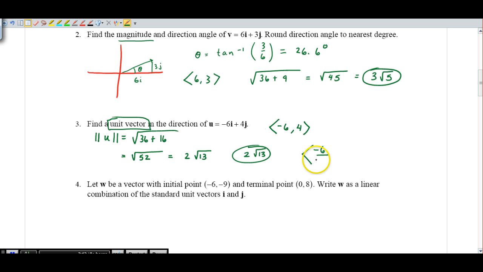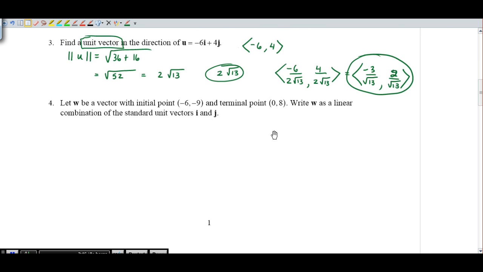So negative 6 divided by 2 times the square root of 13, and then 4 divided by 2 times the square root of 13. This simplifies to negative 3 over square root of 13 and 2 over square root of 13. That's the answer to number 3.